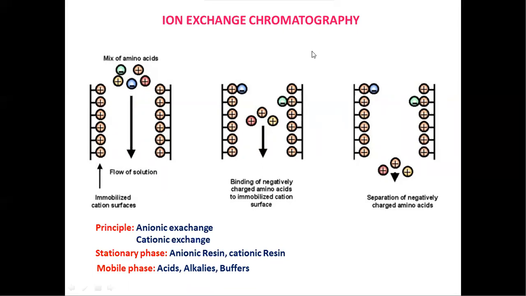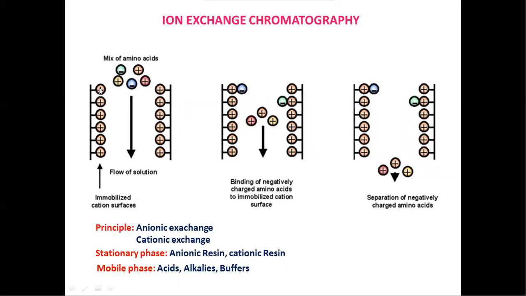So here in this picture, we can see the anion exchange. That means here anions will be exchanged. The sample contains positive ions and negative ions, but anions, that is negative ions, will be exchanged by using a positive resin, that is a cationic resin. So here we have taken a cationic resin in the column, and this cationic resin will be useful for the separation of anionic components.